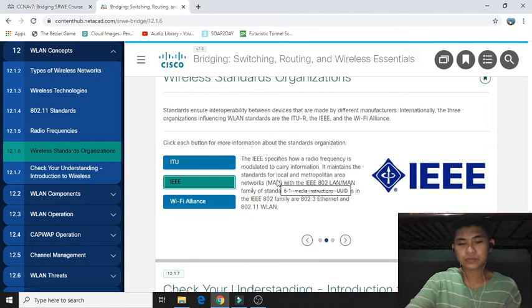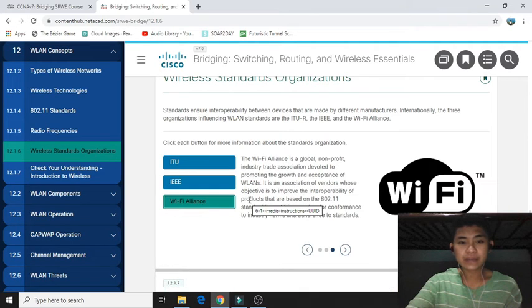Next, what we tackled earlier is the IEEE. It specifies how a radio frequency is modulated to carry information. It maintains the standards for local and metropolitan area networks. Next is the Wi-Fi Alliance.